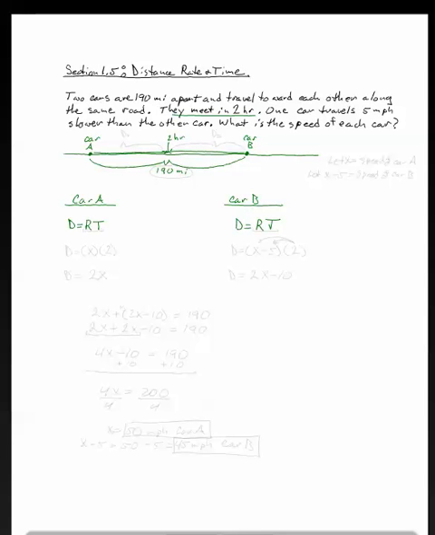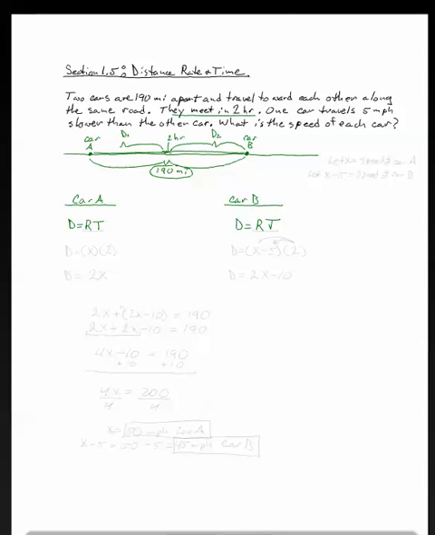Now, when we think about the 2 cars traveling towards one another, what we know is that the distance that car A is traveling from here to here, and the distance that car B is traveling from here to here, if we take this first distance and the second distance, that has to equal 190 miles.